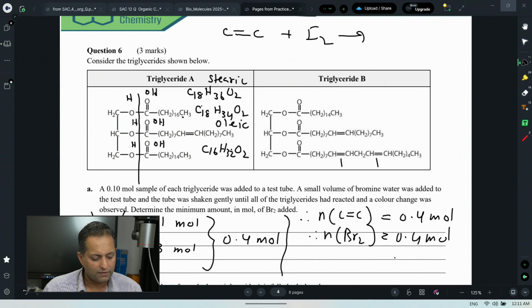No, I made a mistake there. C16H32O2 is palmitic. Palmitic. That's it. All right, you can identify these fatty acids exactly the way I did.